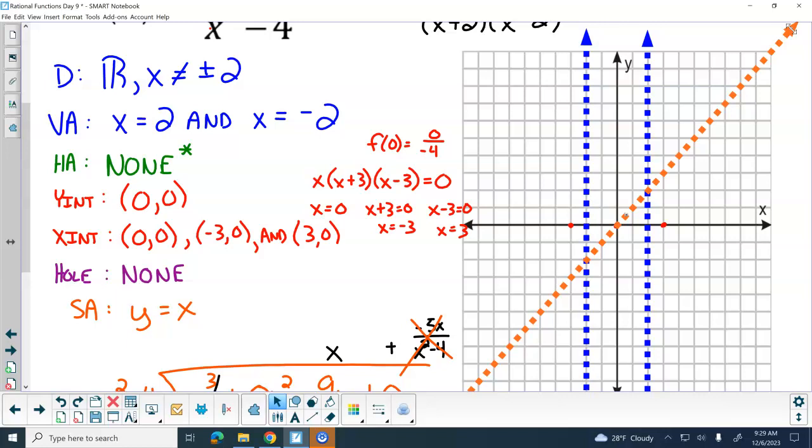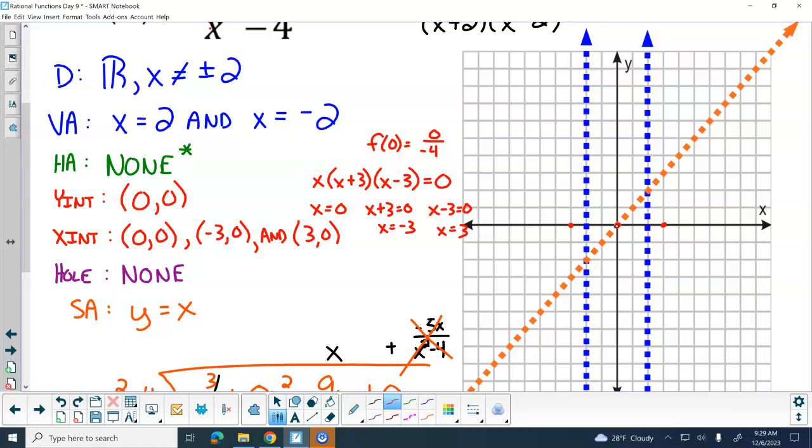I'm going to reapply, for me, because it went over the top, I'm going to reapply my x and y intercept of the origin. Right there. Okay. So we've got 3 zones, yes?